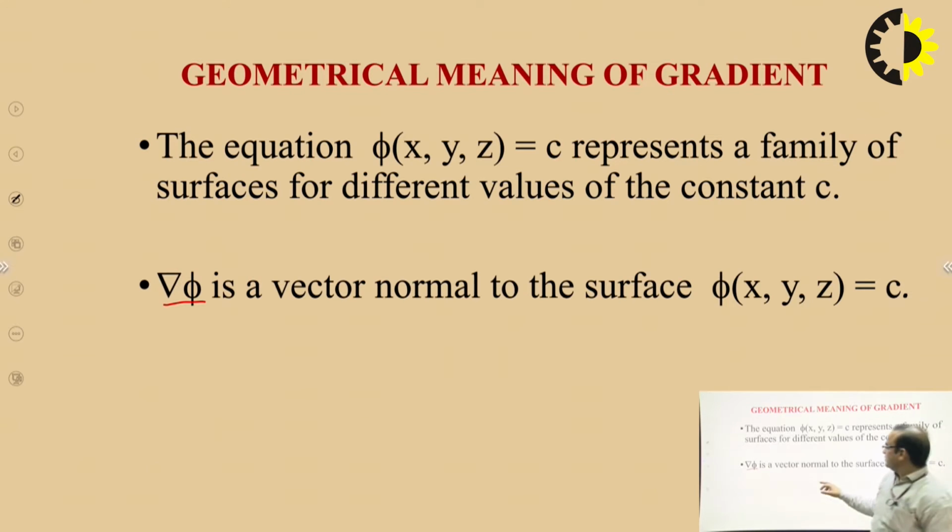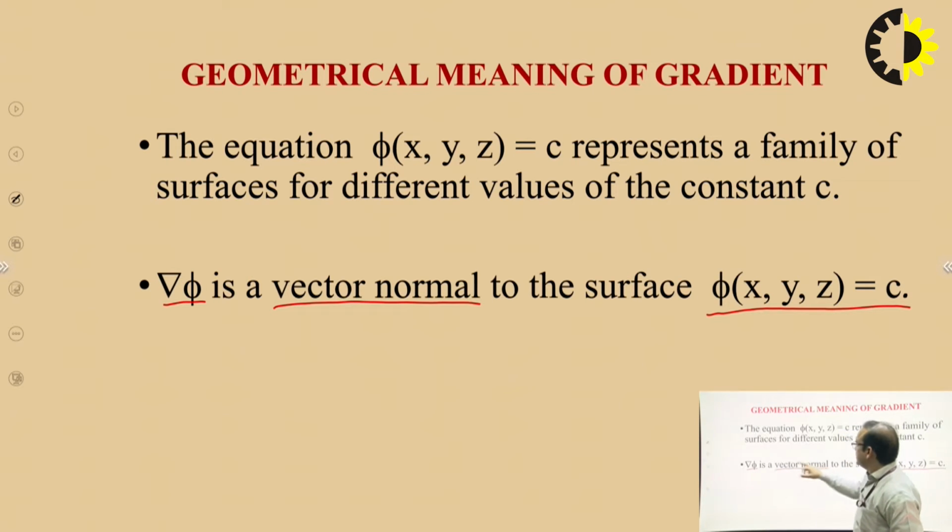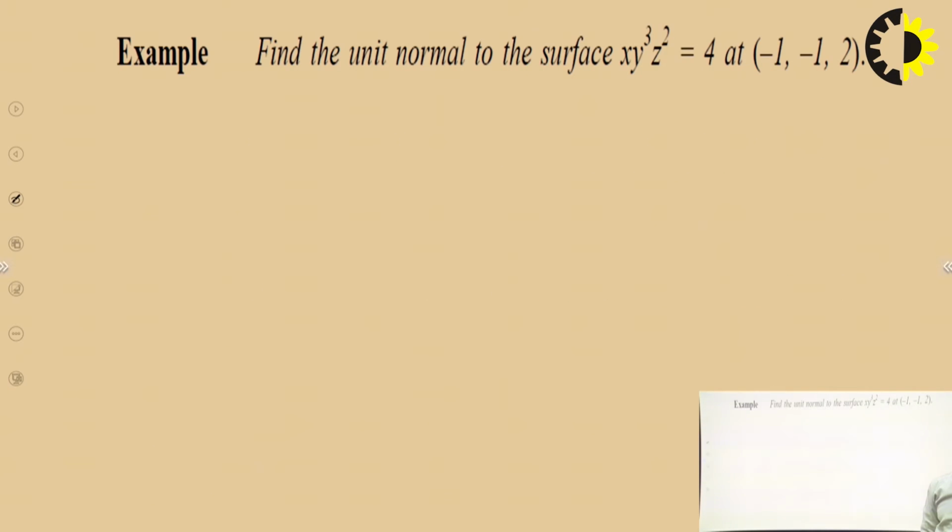If we have the surface phi xyz equal to c, then its normal vector is given by del phi, the gradient of this surface.